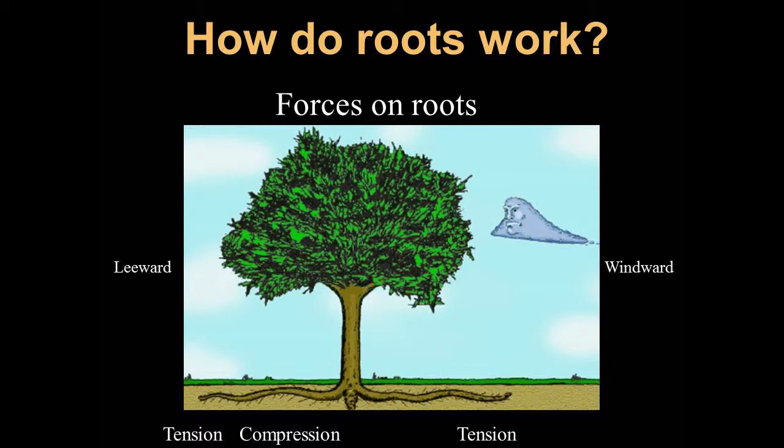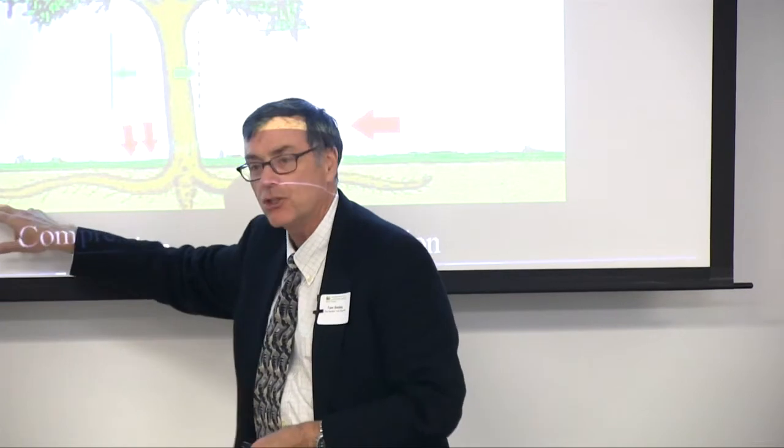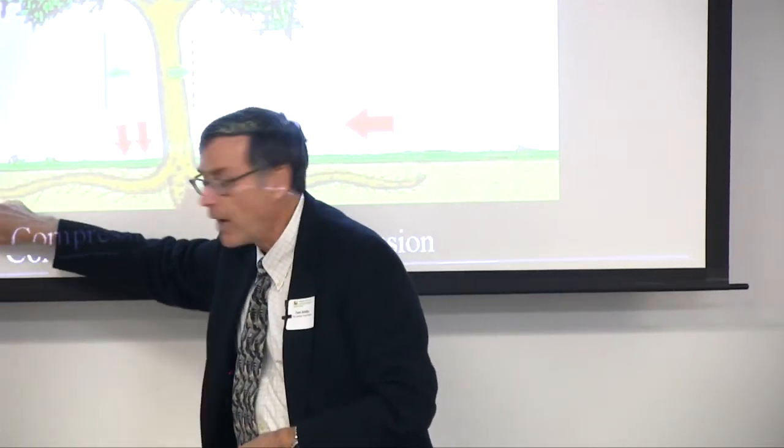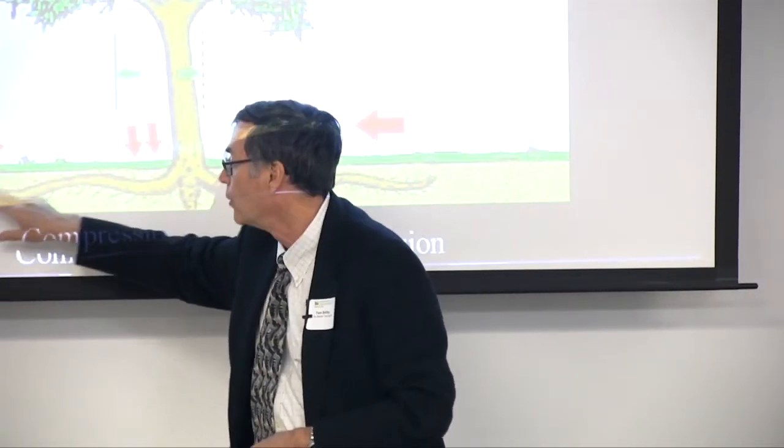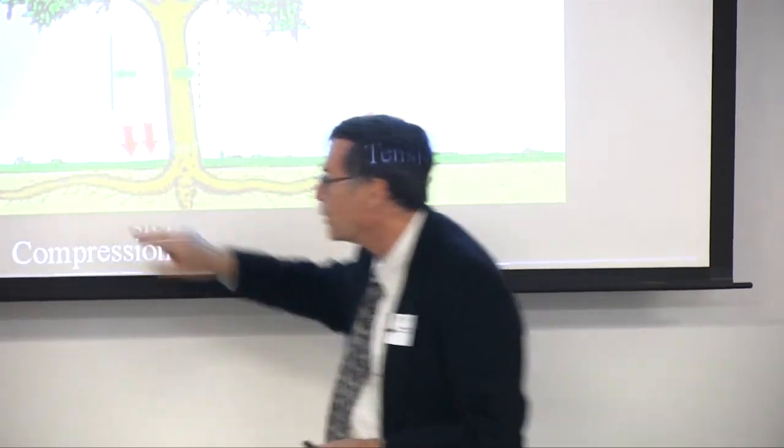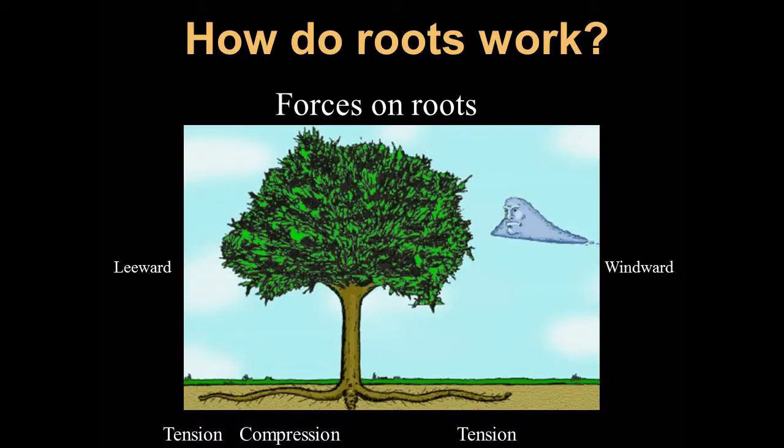The compression tends to be just close to the trunk, and once we get a little bit further away, we're working in tension again, where these fine roots are anchoring it to soil particles, and that lateral root in between is acting as an anchor line to keep it from moving, okay? And that's what's keeping the tree upright.